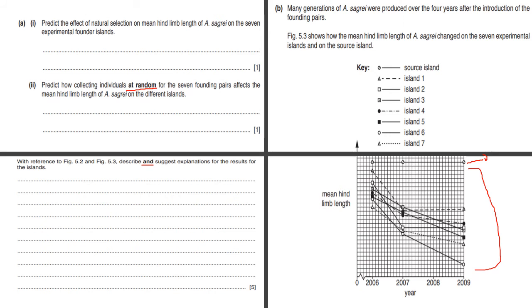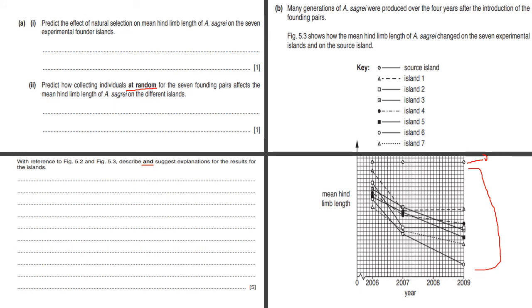The explanation would be that there is a selection pressure causing this decrease in length, because the animals need shorter hind limbs in order to survive. That kind of selection, which selects towards a specific characteristic, is called directional selection.